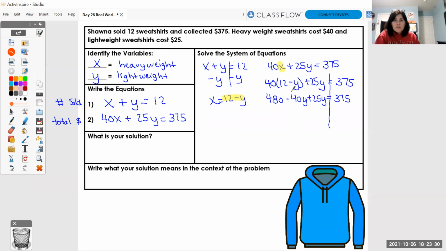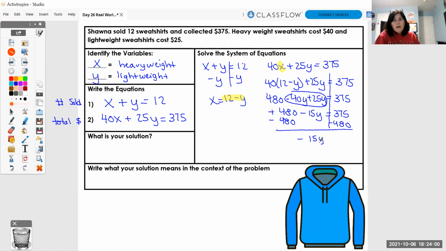You guys are doing a good job with this. We need to group like terms. So 480, again, I'm using my calculator on every step just to make sure I don't make any calculation errors. So negative 40 plus 25 is negative 15. Next step, subtract 480 from both sides.